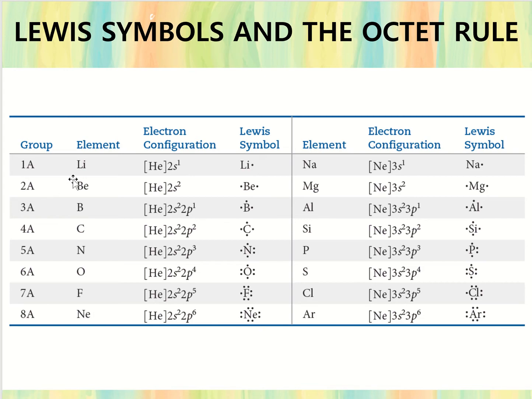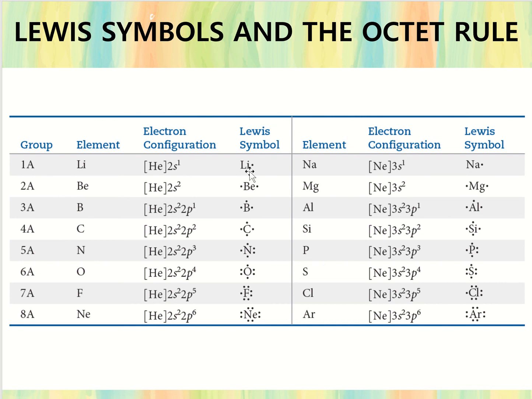So here we have the Lewis symbols for a few elements seen here, right? So we have the group, the element, the electronic configuration, and the Lewis symbol, right?